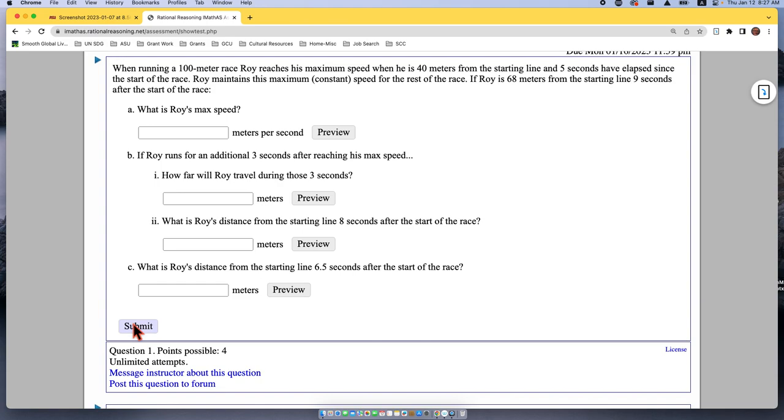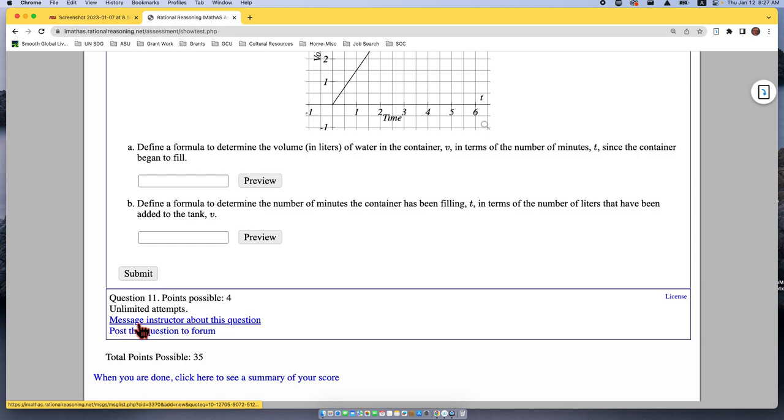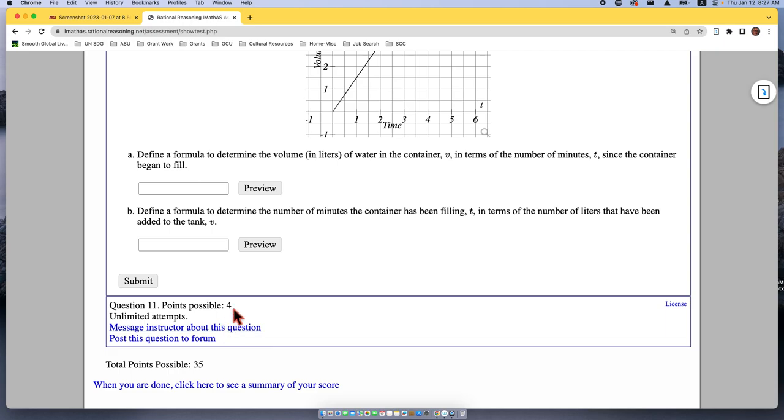I have to at least submit this question and then I go down. I think there is a submit at the very end as well. No, there's not, not in this one. So each question as you work it, you do have to at least submit it, then it will save that part.